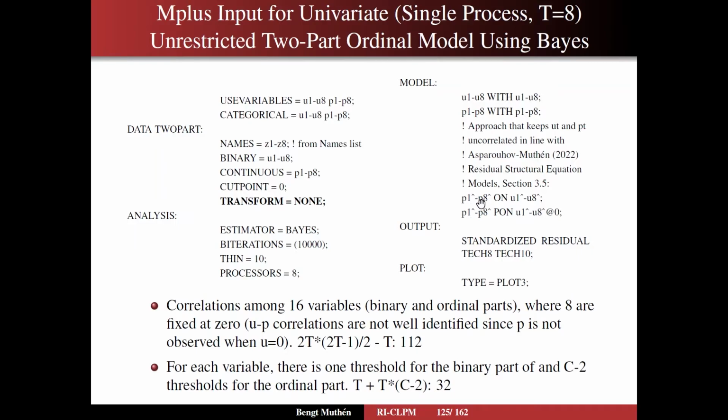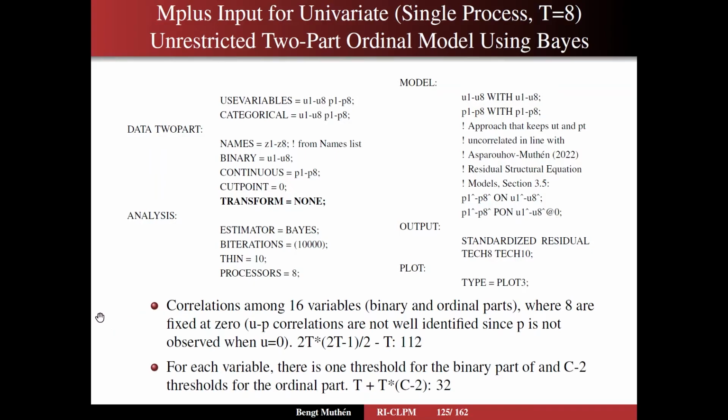Now here P1 is regressed on all of the U's, down to P8 on all of the U's. But here we're looking at P1 pairwise on U1 to P8 pairwise with U8. So we zero out some of them.